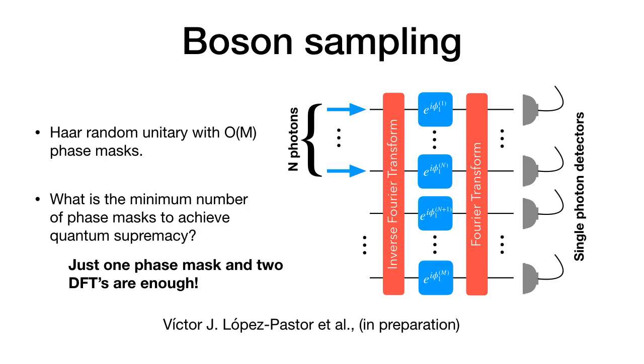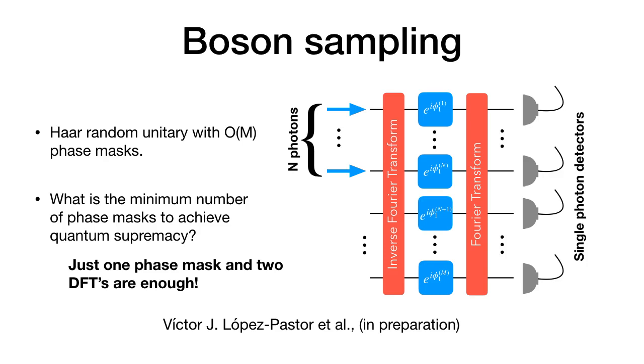So we showed that we can produce any possible unitary transformation with a number of phase masks that scales linearly with the number of modes. Then we know that we could use that for boson sampling. But the question is, do we really need so many phase masks? Do we really need to implement a general unitary?